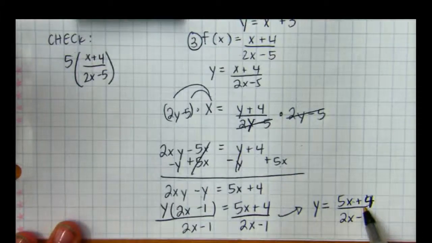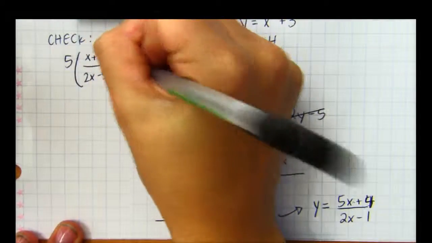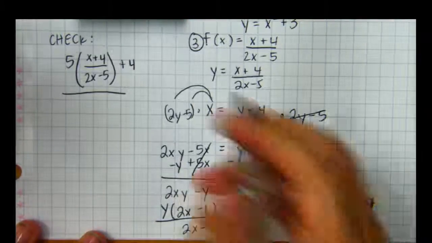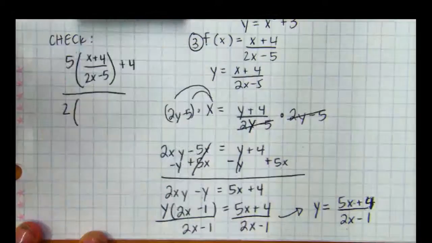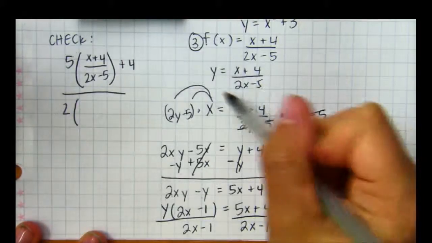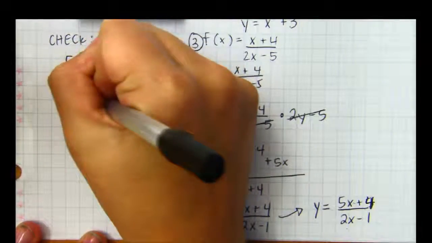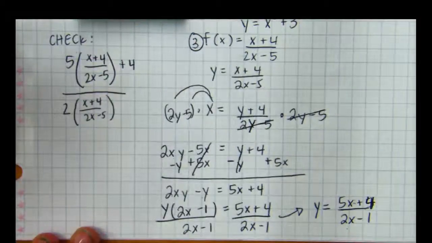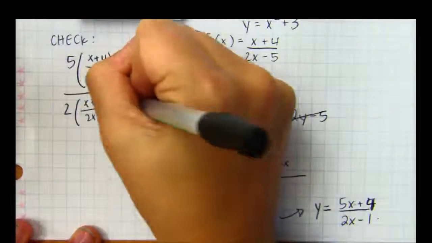And then I've got a plus 4 in my numerator, over, looking at my denominator, I've got a 2 parentheses, now I'm going to plug in this whole thing again, x plus 4 over 2x minus 5. And I've got a minus 1 down here.